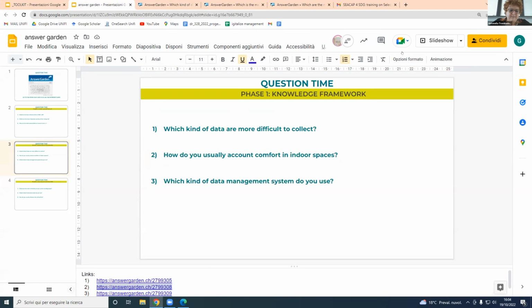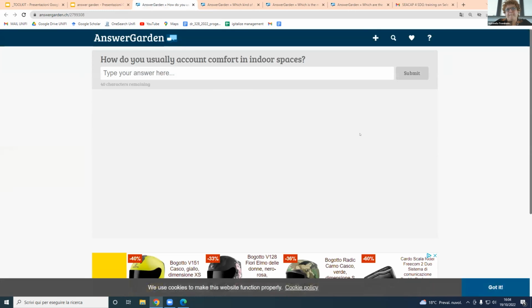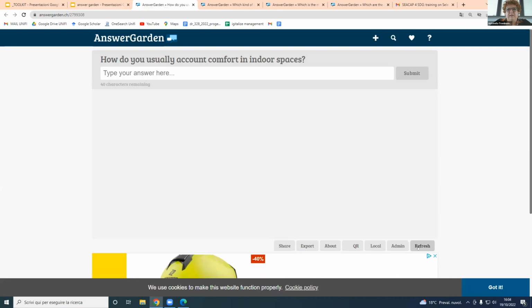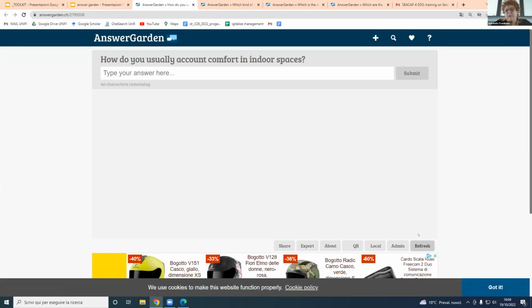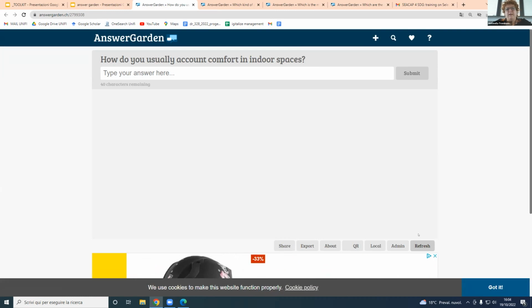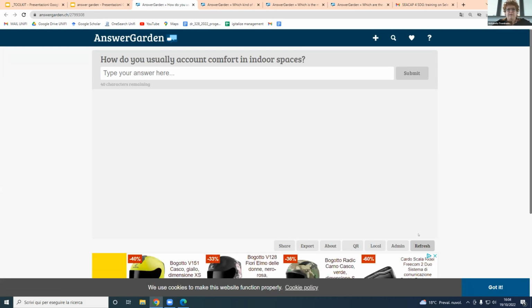So we are asking you if you generally use some sensor or some tool in order to evaluate the comfort of indoor space. It is a key aspect in order to move from the performance to the qualitative aspect, so the evaluation of qualitative aspect.